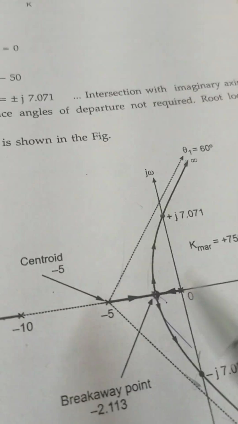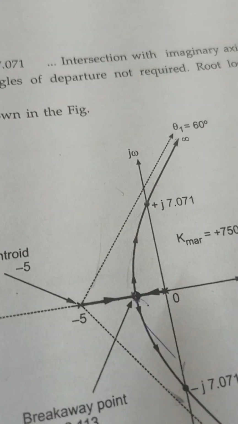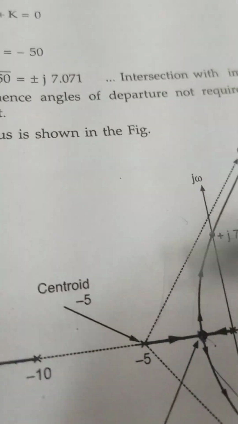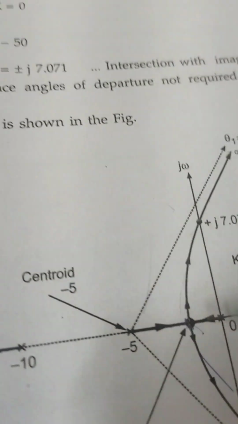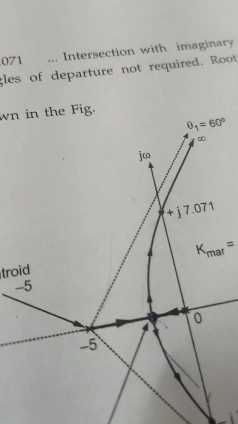If the diagram, breakaway point, everything is towards the right side, then the system will be unstable. Suppose it is on the imaginary axis, then we can say that the system is marginally stable.